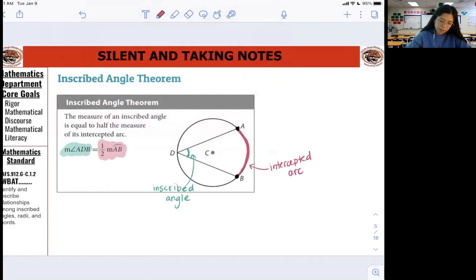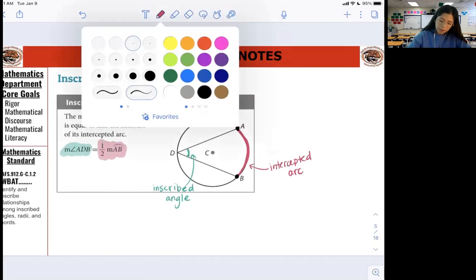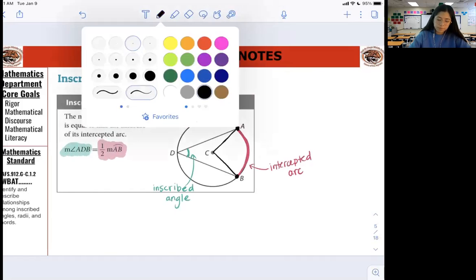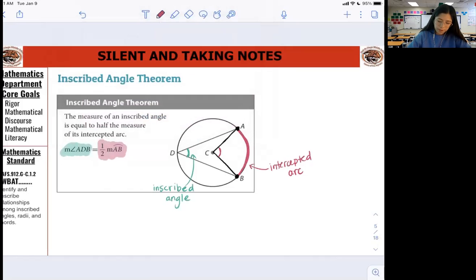Good, the C. And what did we already find out by doing that little activity before? What do we know about this angle here? That's the central angle, exactly.